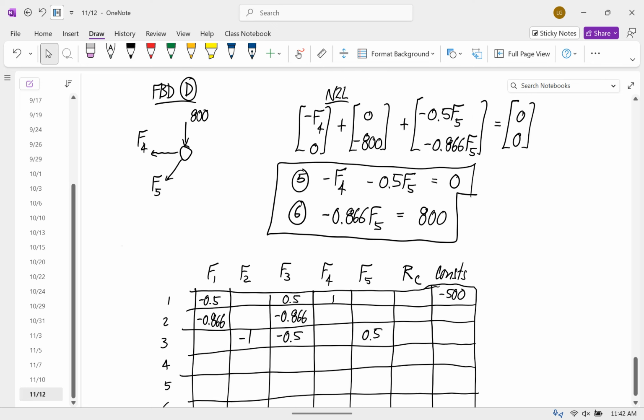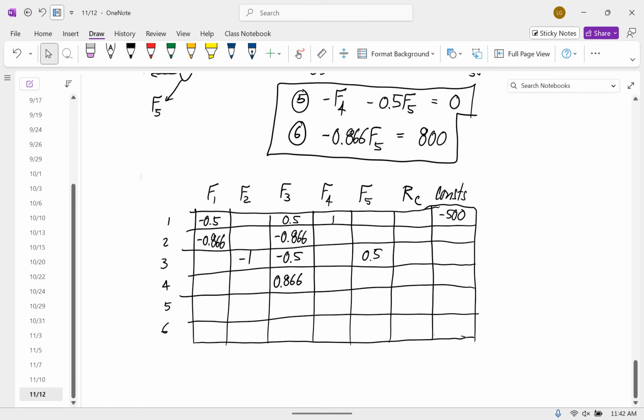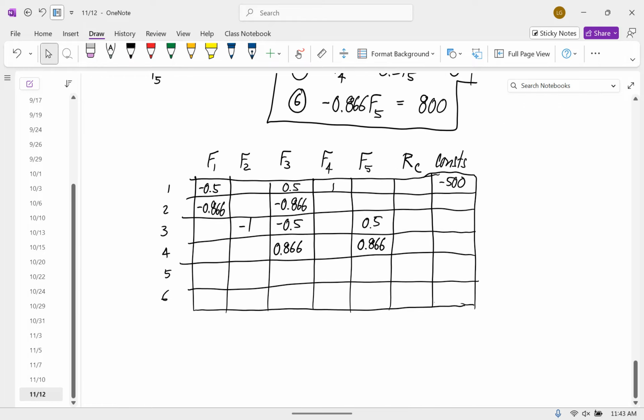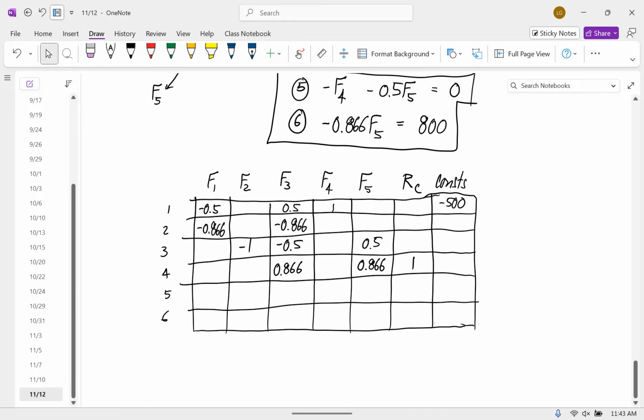Equation 4, F3 is 0.866. F5 is 0.866. RC is 1. And then equation 5, F4 is negative 1. F5 is negative 0.5. Equation 6, F5 is negative 0.866. Constant is 800.